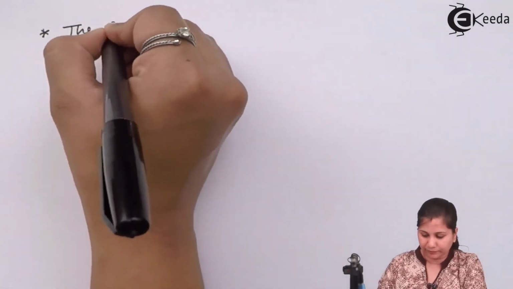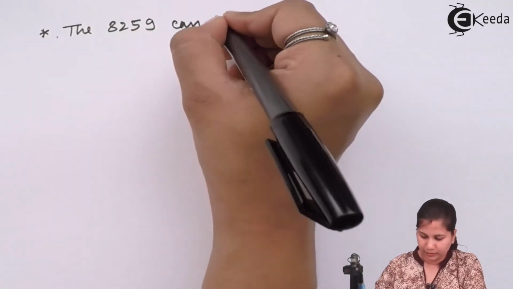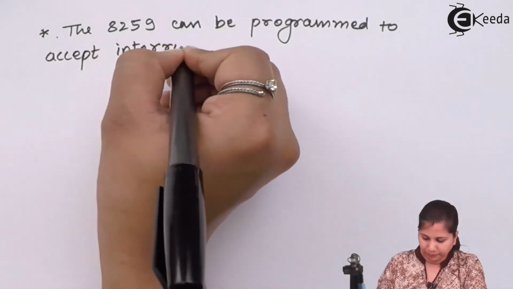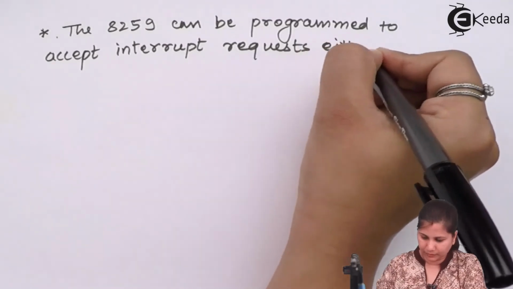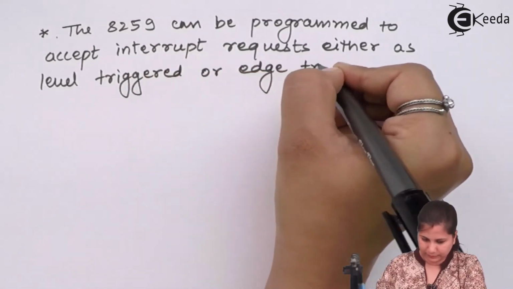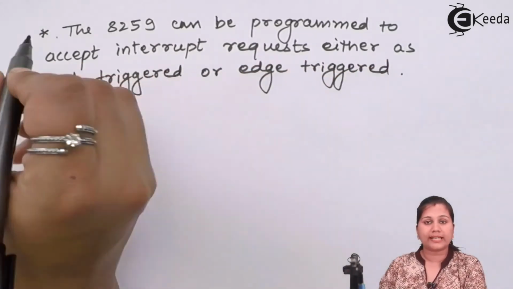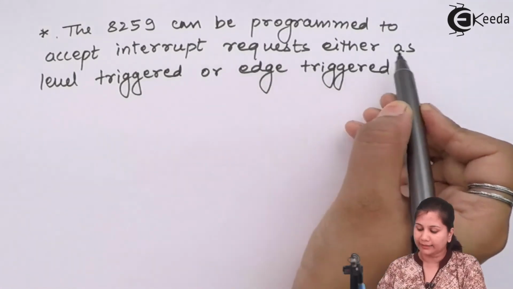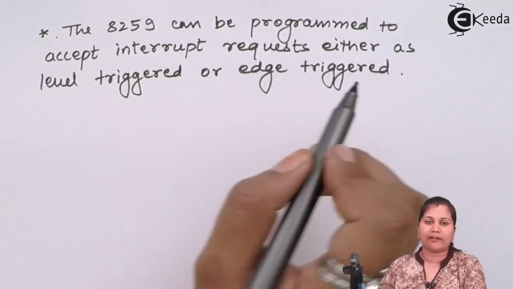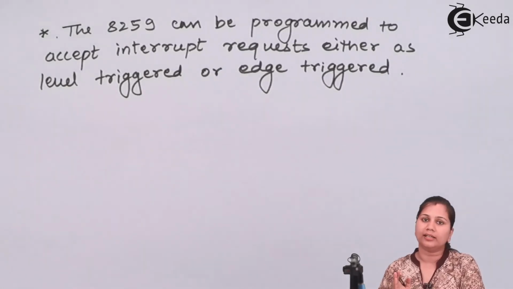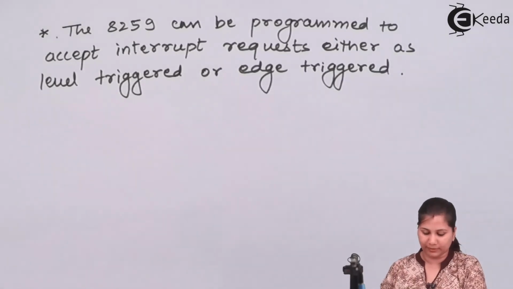Here we can write that this 8259 PIC controller can be programmed to accept the interrupt request either as level triggered or edge triggered, whereas in 8085, the triggering is decided, either a level or an edge, for the interrupts.